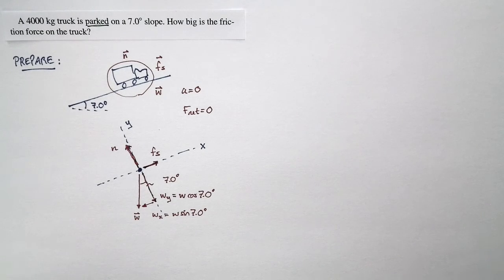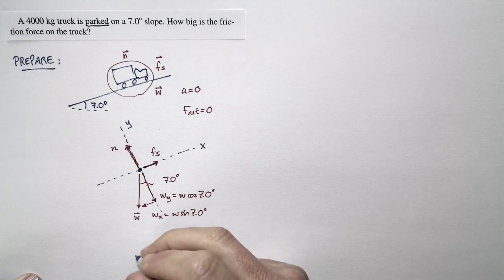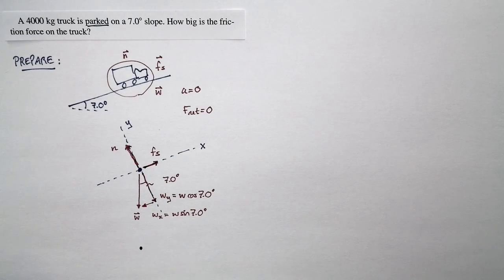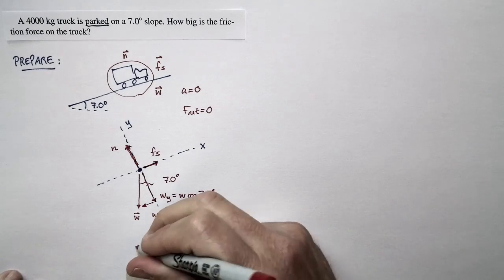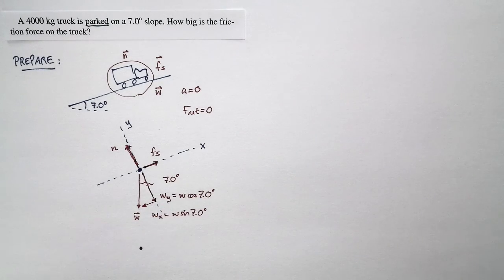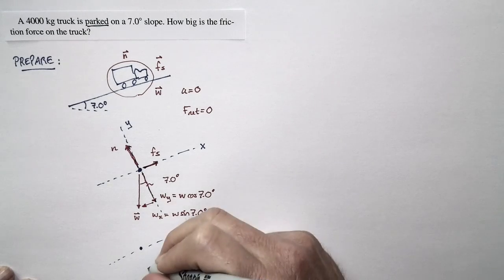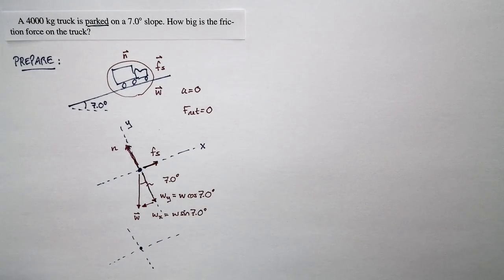So I can redraw my free body diagram by looking at my components. I've got an x-axis and I have a y-axis, just as before. And I've got four components.